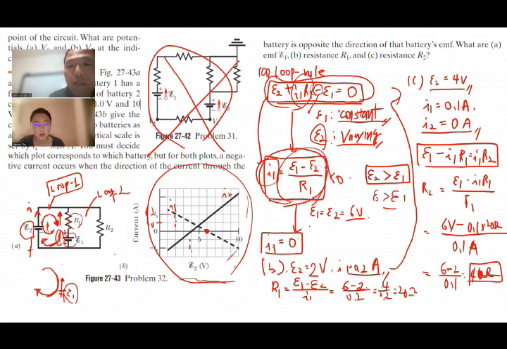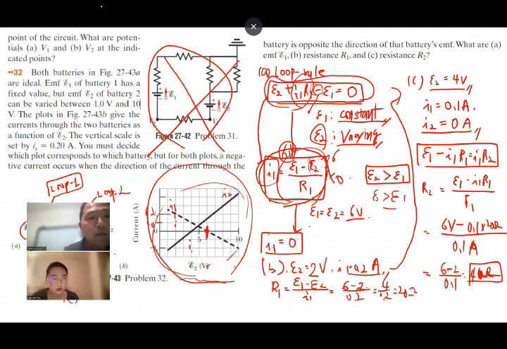And E2 is the varying EMF, as you can see in the graph, right? So 6 volt is the reference point, because E1 is 6 volt.